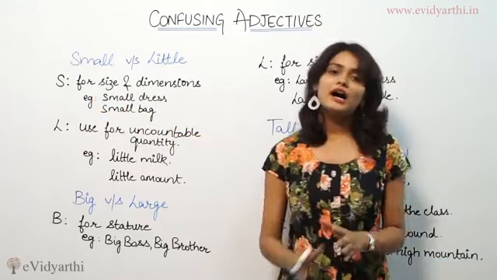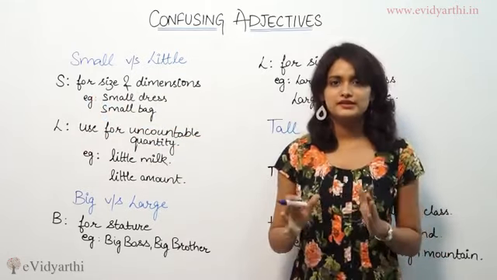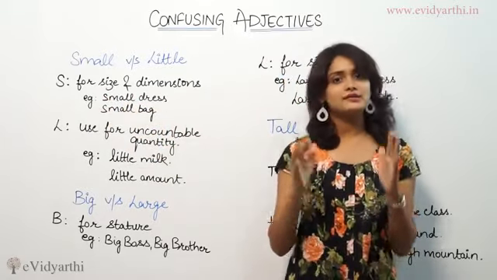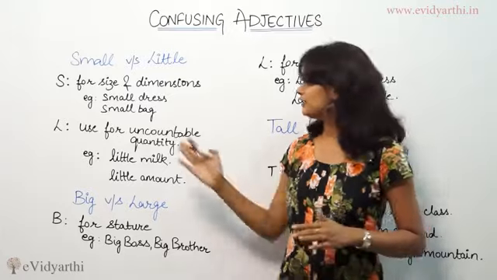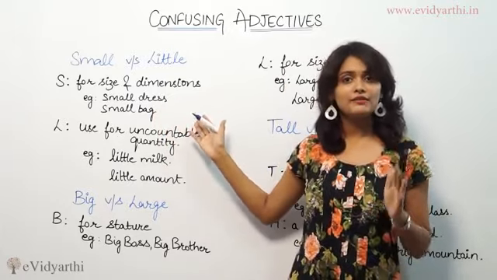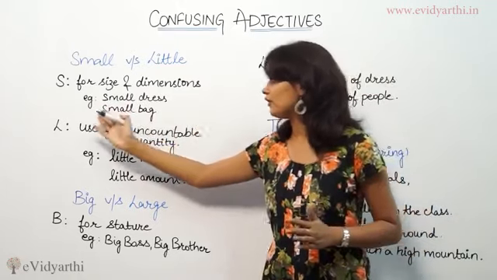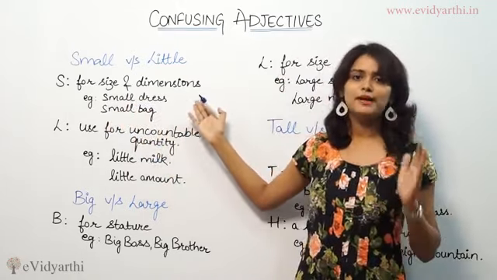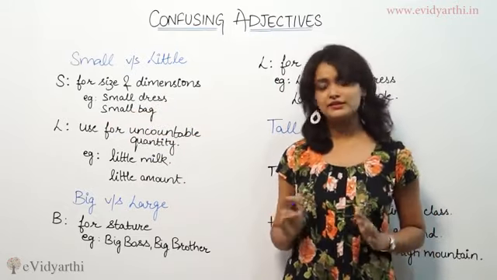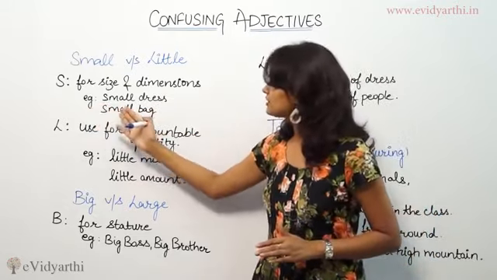An example is, I have a small dress in my wardrobe. When I'm saying I have a small dress, I'm talking about the size of my dress, right? I'm not saying I have a little dress. I'm saying I have a small dress in my wardrobe, or I have a small bag as well. The size of my bag is small, right? So here I'm talking about the size.